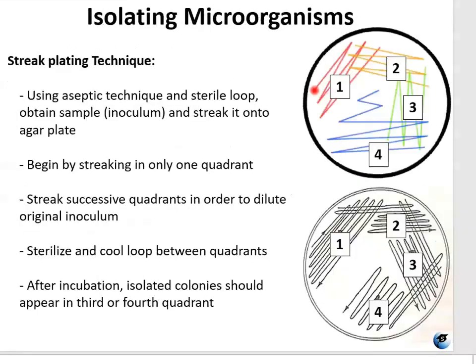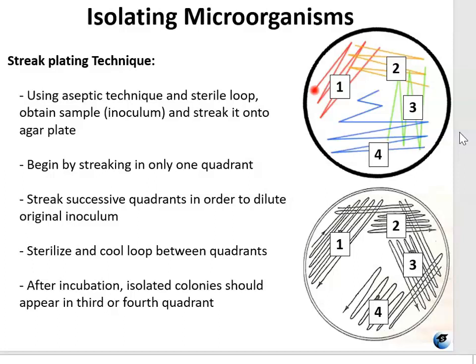The technique for obtaining individual colonies of pure cultures is called the streak plate technique, or streaking for isolation. It consists of using a sterile loop to inoculate an agar plate using a primary streak followed by a second, third, and fourth streak, sterilizing or switching out the loops between each streak.